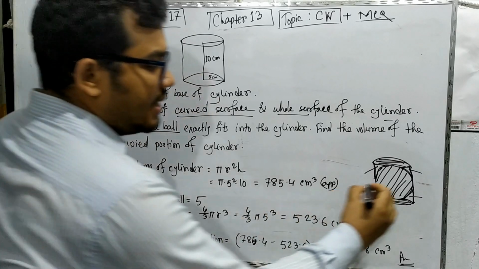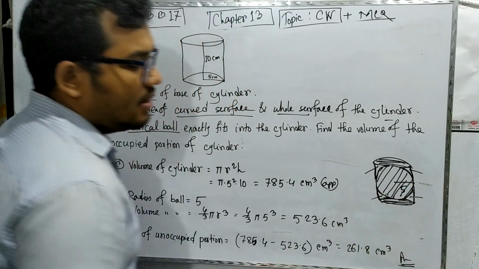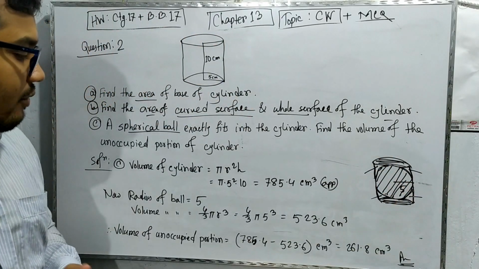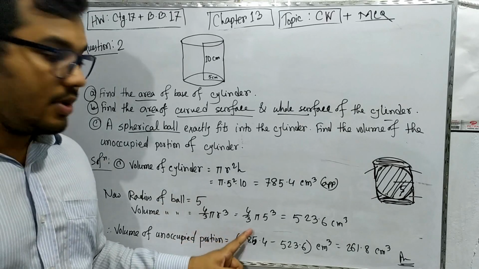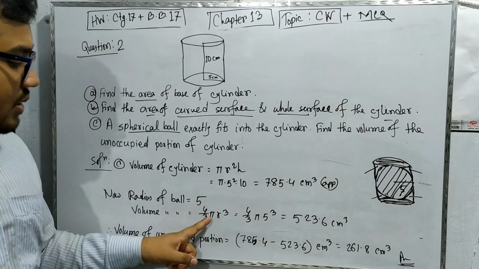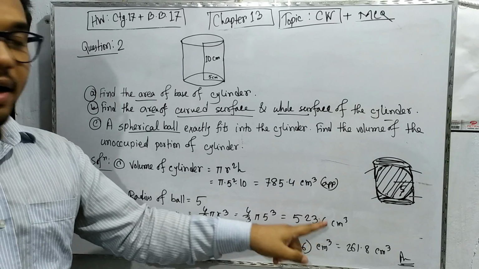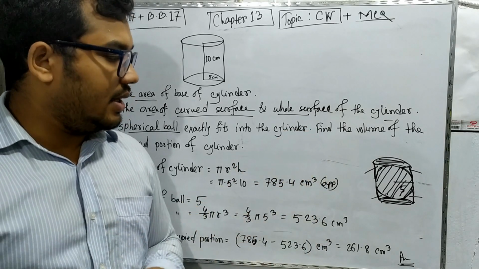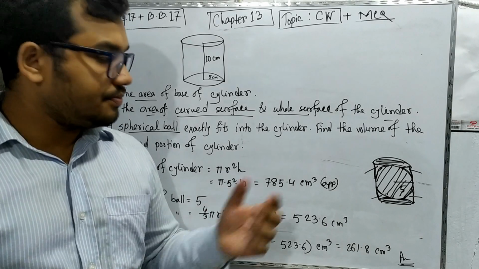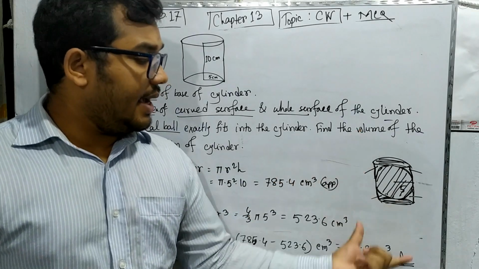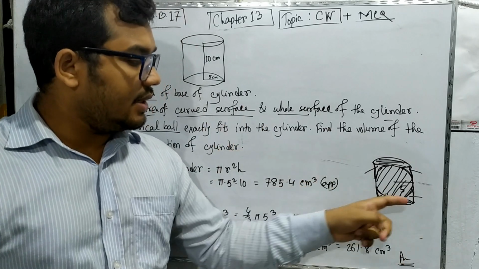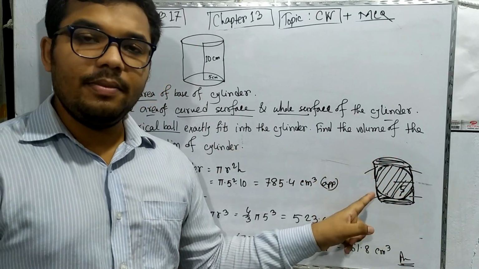So if the radius of the ball is 5, then what will be the volume of the ball? The volume of the ball will be 4 by 3 pi r cube. So just put the value of r, then we get the volume of the ball. Now we have the volume of the cylinder, first thing, and second the volume of the ball.